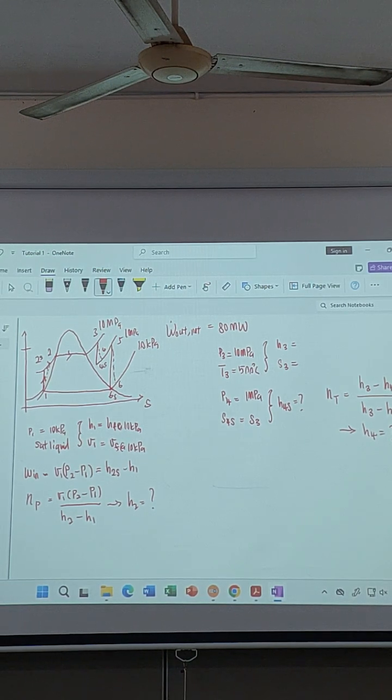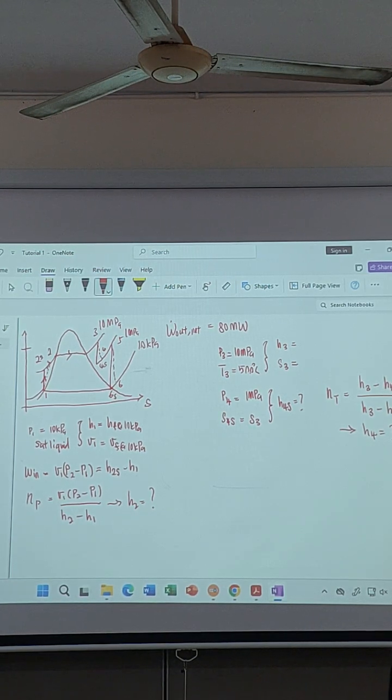Compare the H4 with the Hg at 1 megapascal, then you can see which state it is at, and then you can give the temperature if it is superheated. Because either way, you cannot run away from this, you have the value.